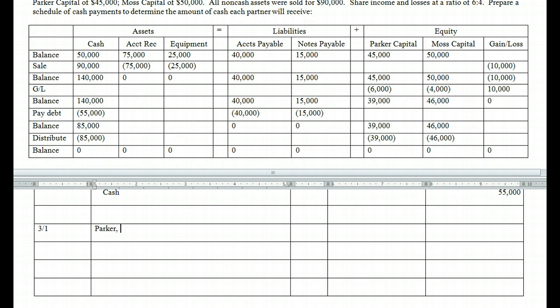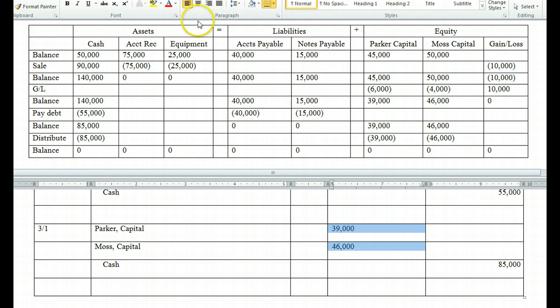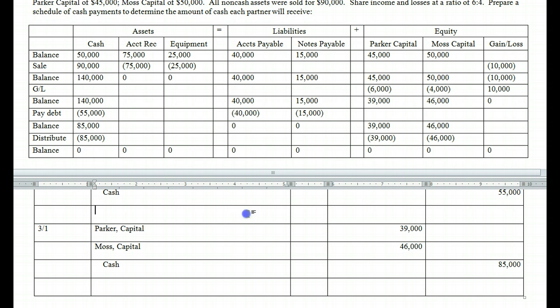So we're going to debit Parker Capital, and we're going to debit that for 39,000 to remove that from our books. And then we're going to debit the Moss Capital to get rid of it in the amount of 46,000. And then the last thing we need to do is write that final check out of our cash account for a total of 85,000. Okay, so that is what we would end up with for our journal entries.